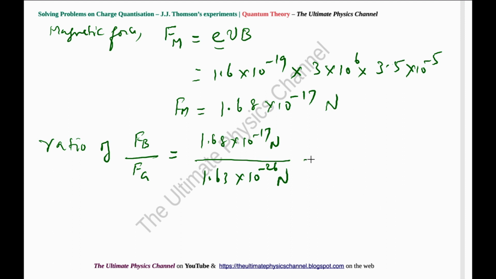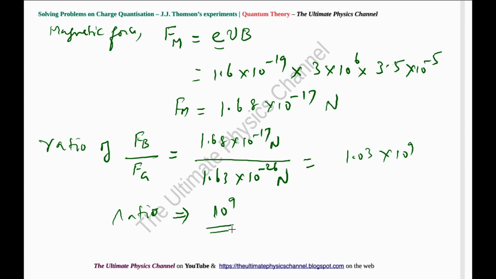Therefore, this comes out to be a factor of 1.03 times 10 power 9. That is the ratio. So the ratio of these two forces is roughly 10 power 9. That's a huge number.